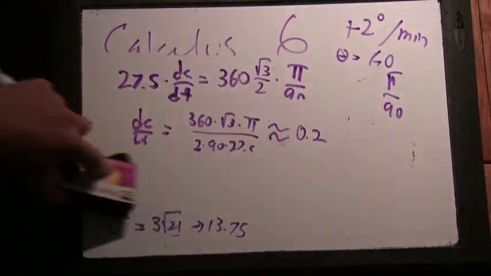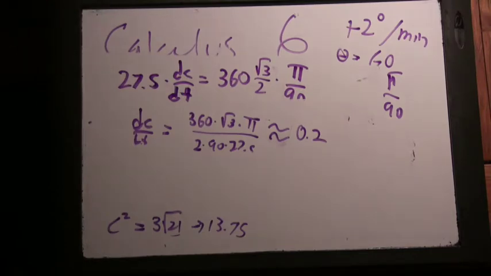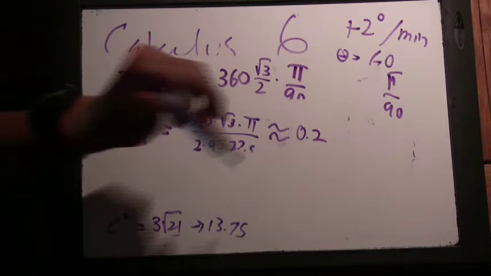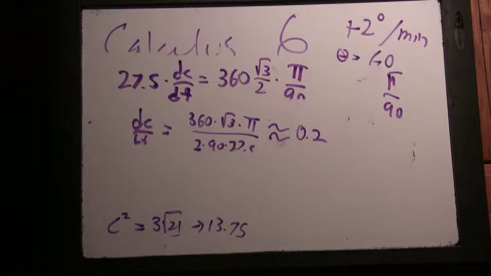Well, it's not increasing by a lot, which is to be expected, since we're not near 180. And C is fairly big. If C was like 2 and it was increasing by 0.2, that would seem not very good.